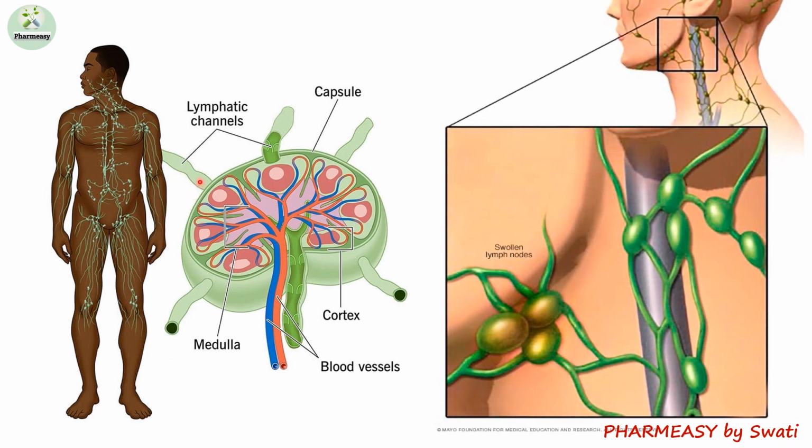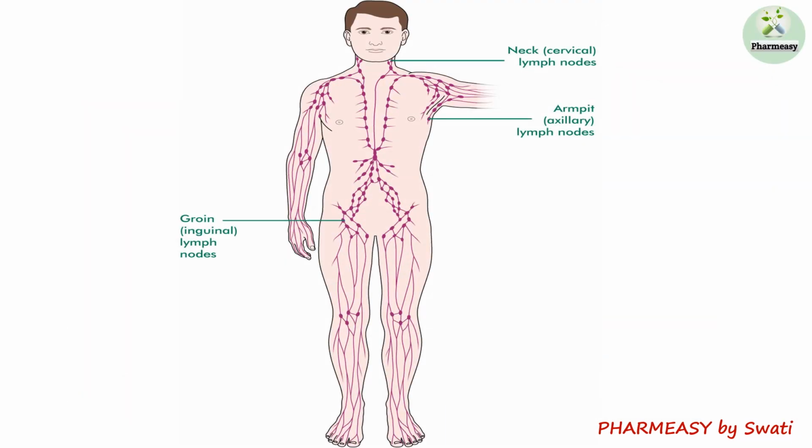It has lymphatic channels, an outer layer called capsule, cortex, medulla, and the blood vessels. This figure is for your better understanding about the location of lymph nodes. It is majorly present as cervical lymph nodes, axillary lymph nodes, and inguinal lymph nodes or groin.